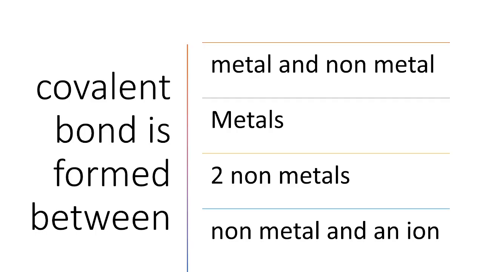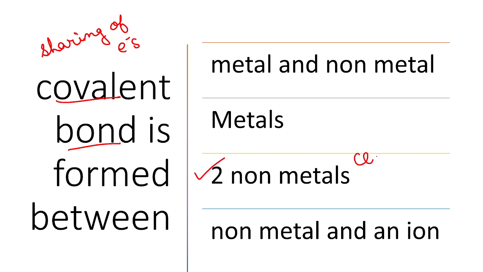Next, a covalent bond is formed between, okay, from the word covalent bond, what do we understand? Sharing of electrons. So sharing of electrons takes place between a metal and non-metal, or only metals, or two non-metals, or non-metals and an ion. What is the correct answer? Yes, the answer is two non-metals.